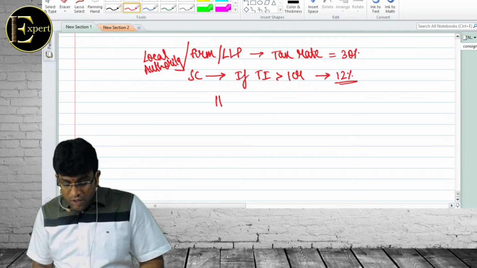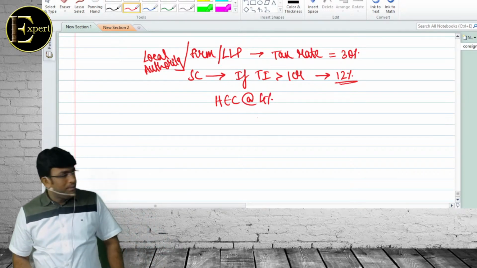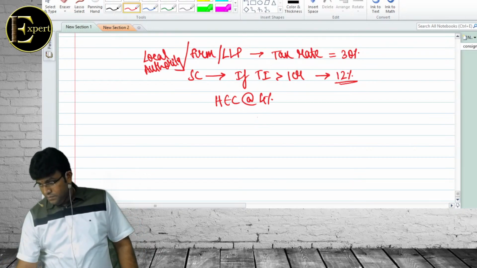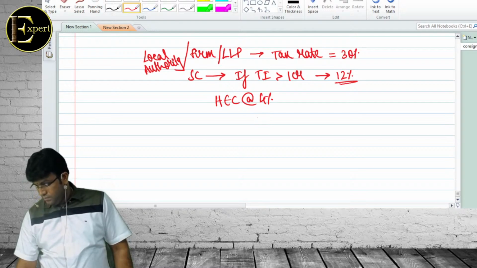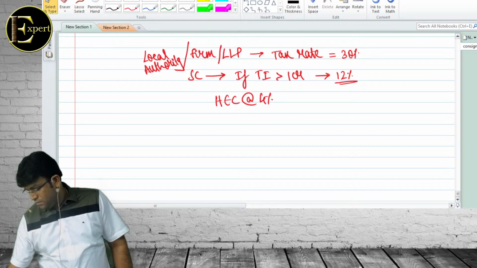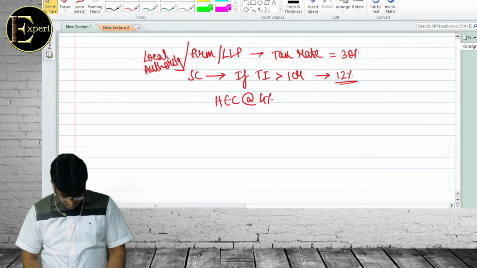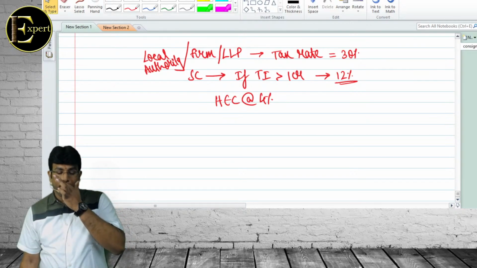Surcharge? Total income more than 1 crore. What rate? 12%. Say it, come on.